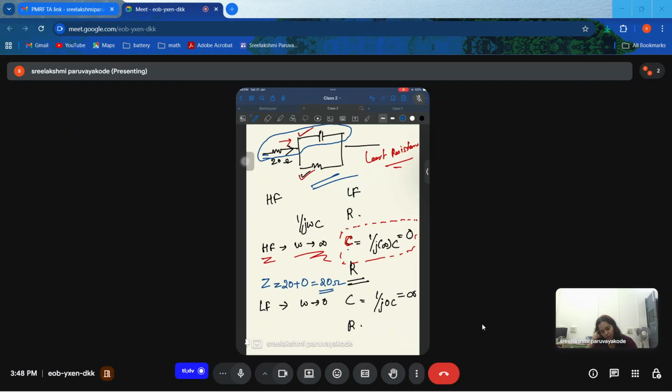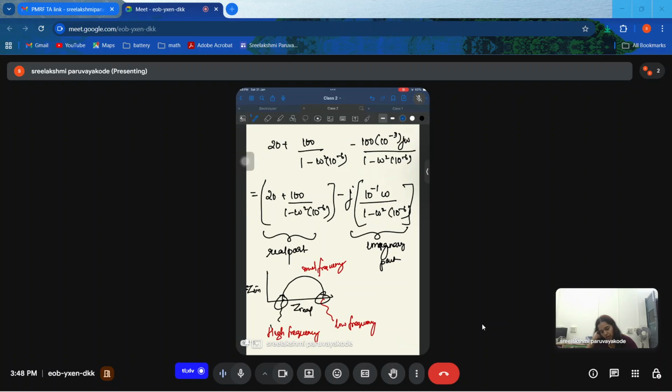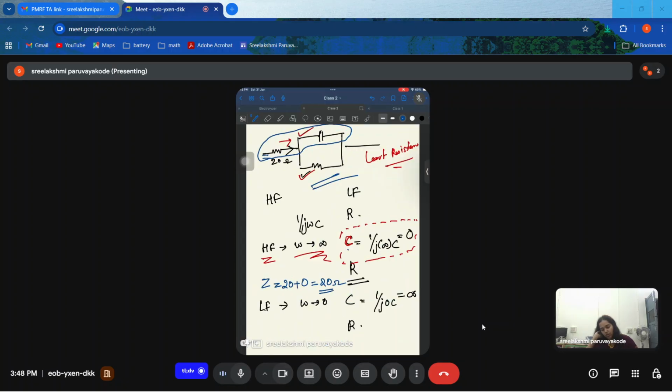So when we look at this plot, we said that when we plot this one, we will get a semicircle. So this one is high frequency, this is low frequency. So what is the value at high frequency? This is 20, right? So this value becomes 20. Now, what happens at low frequency?